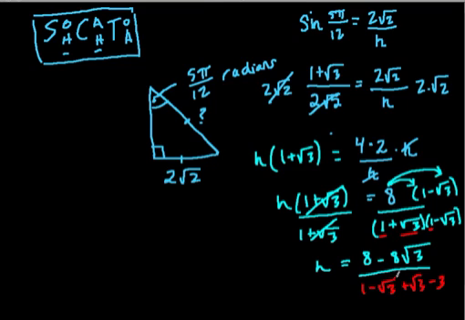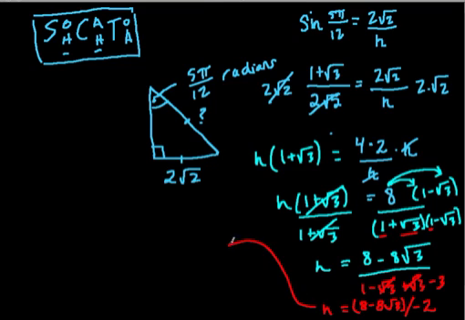So now we have these two cancel out, and we have h is equal to 8 minus 8 times the square root of 3, all of that over 1 minus 3, which is negative 2.